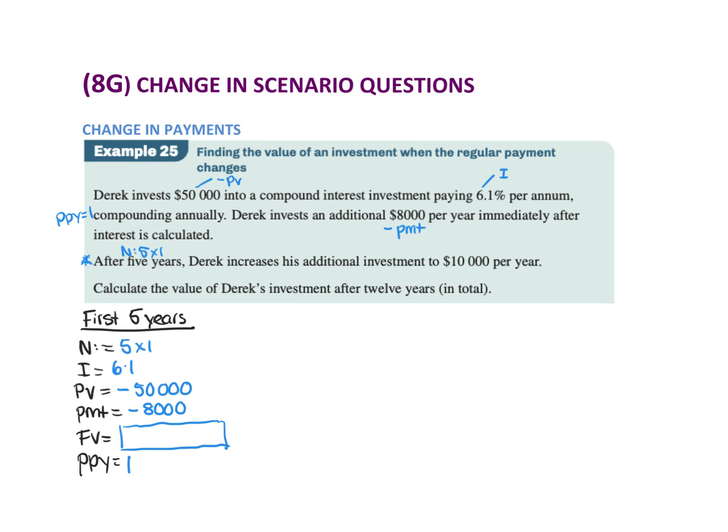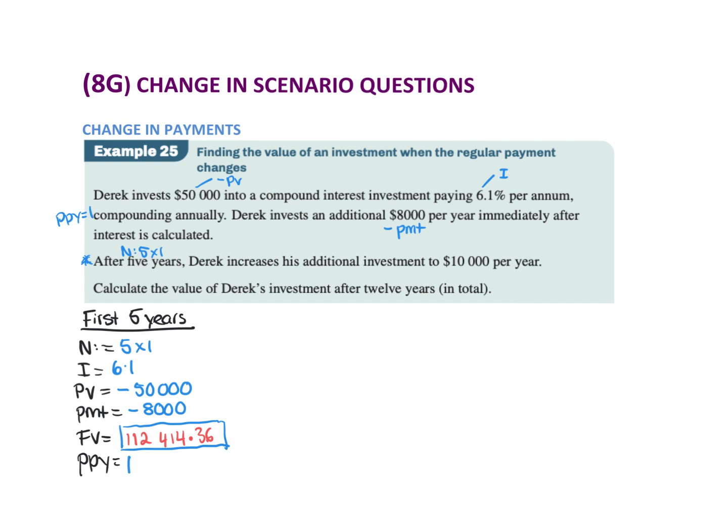Okay, so at the end of the 5 years, his investment, and it's a positive because that's what the bank owes him, is $112,414, and I'm going to do this to the nearest cent, which is 0.36. Okay, so this is what he is at that 5 years.